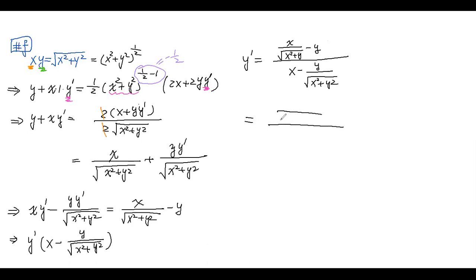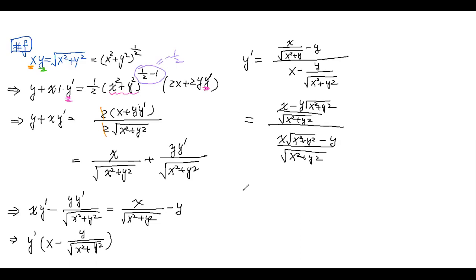So for these ones here, if you combine, the common denominator is x squared plus y squared, right? So this is x, then this is minus y times x squared plus y squared, right? Now for the bottom, the same way, you can combine this x squared plus y squared. Then this is x times x squared plus y squared and minus y here, right?